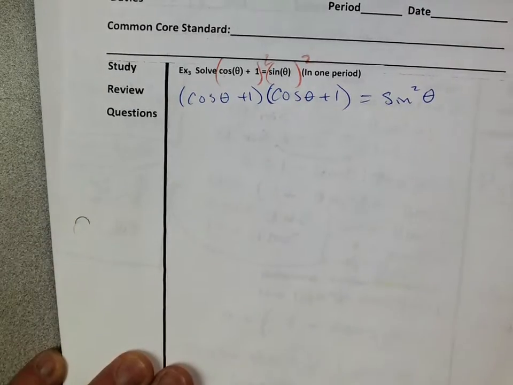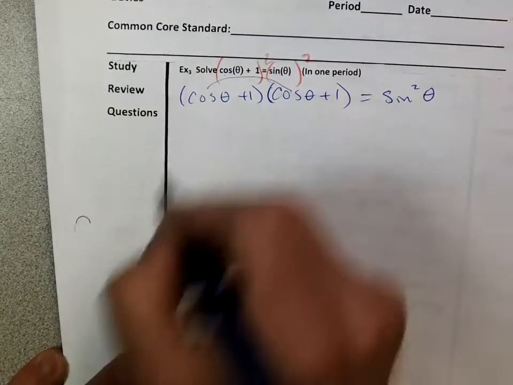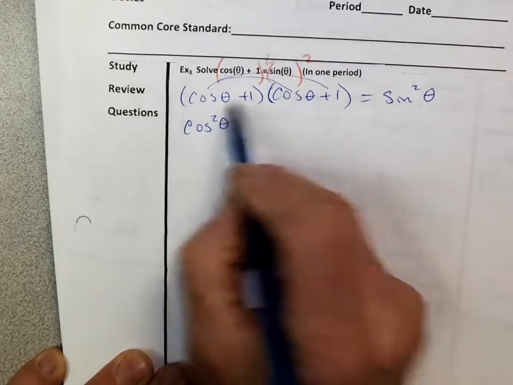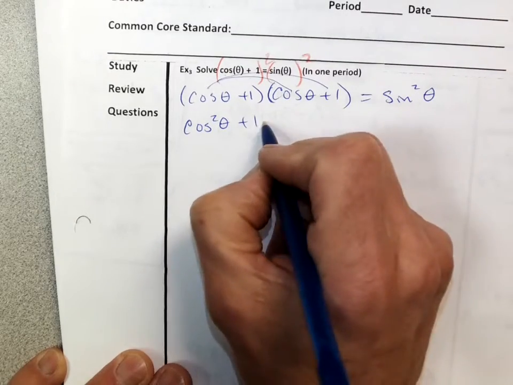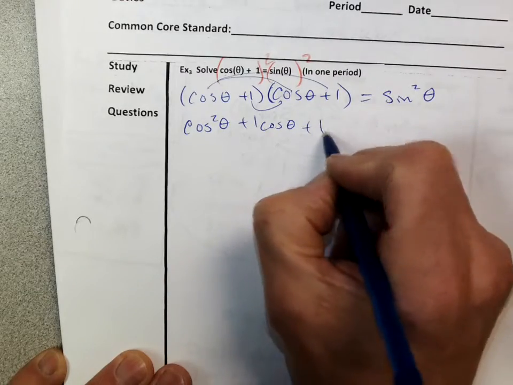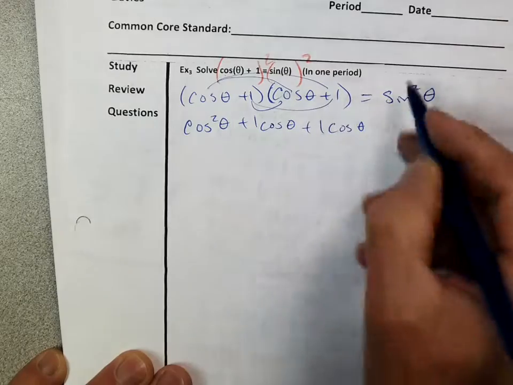Got some work to do, but I can do that, so I'm going to FOIL. Cosine times cosine gives me a cosine squared theta. Cosine times 1 gives me a 1 cosine theta. And 1 times cosine gives me another 1 cosine theta. And 1 times 1 gives me a 1.